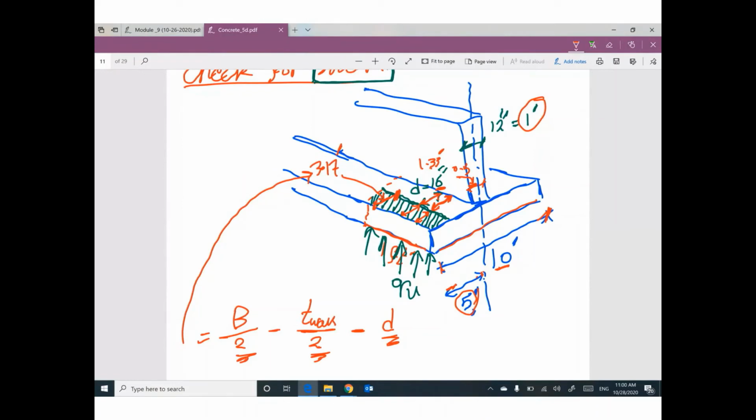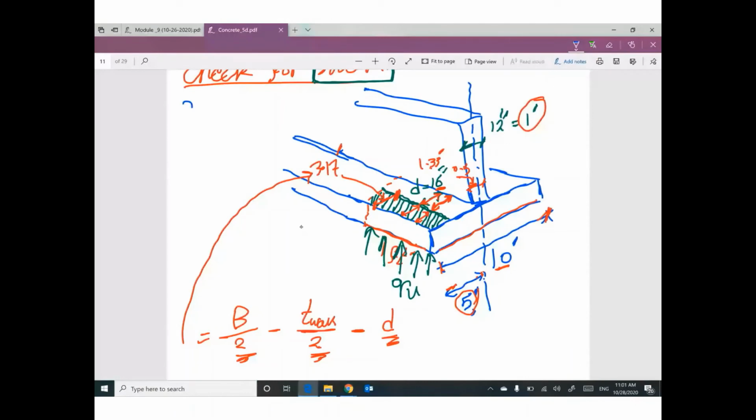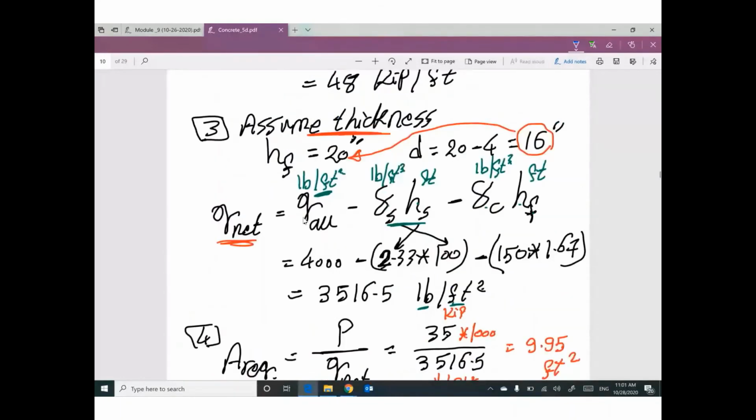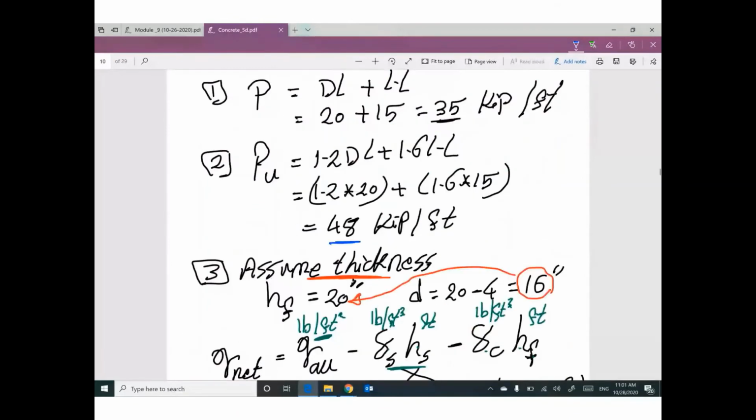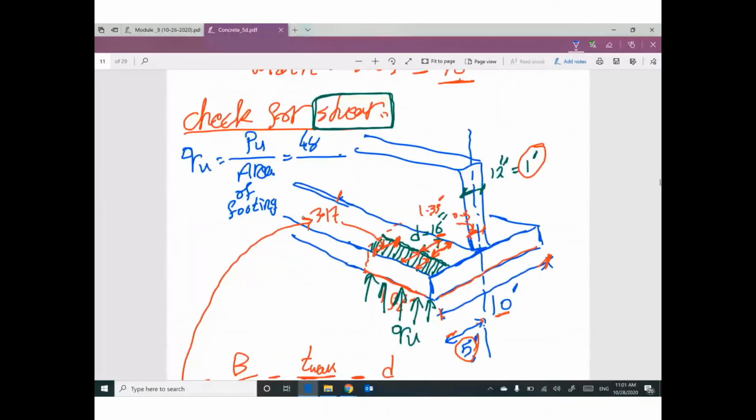So guys, I forgot to mention something here. Q ultimate equals P ultimate divided by area of footing. So P ultimate is 48 times 1000 to be in pound.